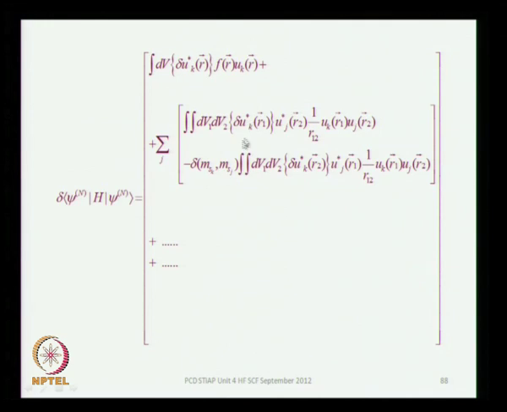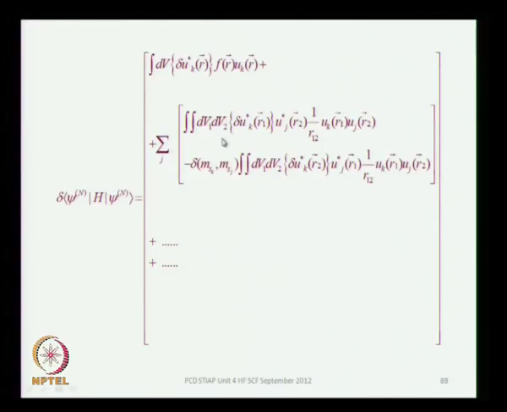So, any variation in which you refer to a variation in any orbital other than the kth orbital, the corresponding 2 electron integral would vanish. So, that is not written over here because it goes to 0, and here you have only the variation in the kth orbital. This is in the Coulomb integral and this is in the exchange integral.